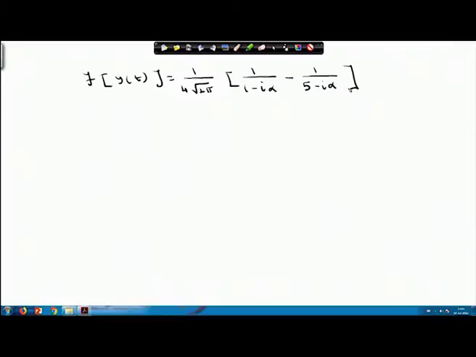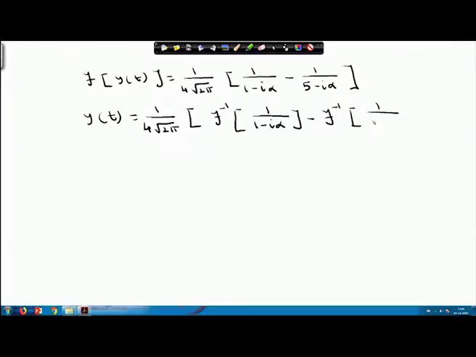Once I obtain this, y t I can obtain by taking the inverse Fourier transform. Y t will be equal to 1 by 4 into root over 2 by pi into the Fourier inverse of 1 by 1 minus I alpha minus the Fourier inverse of 1 by 5 minus I alpha.